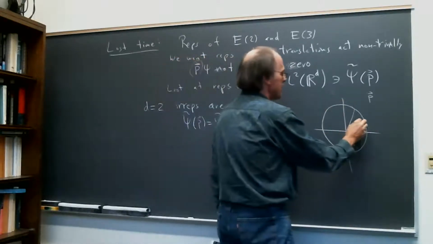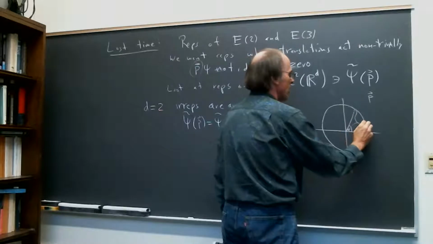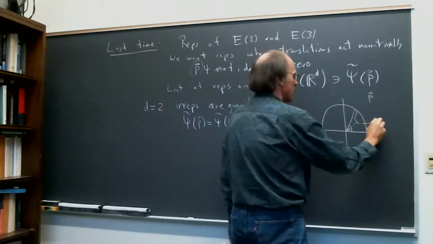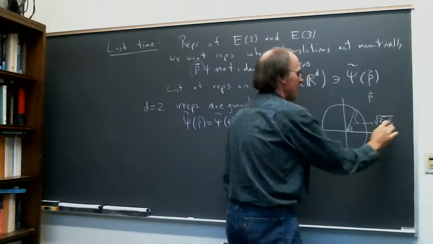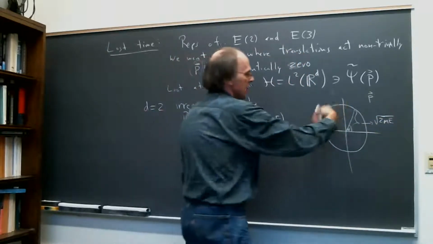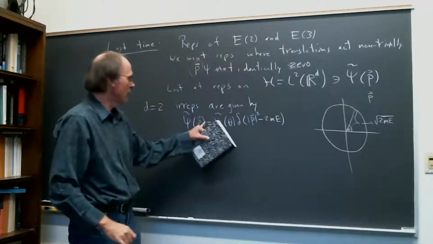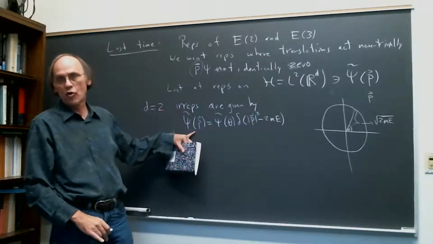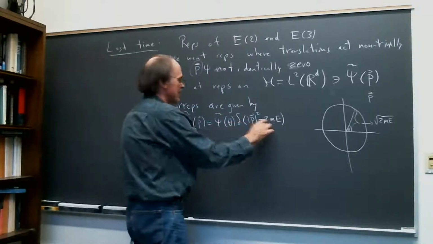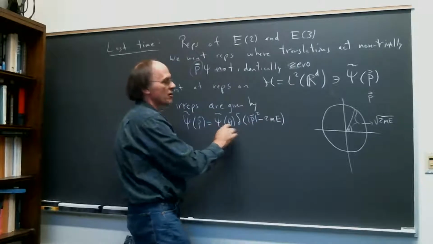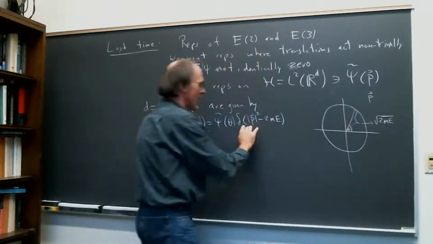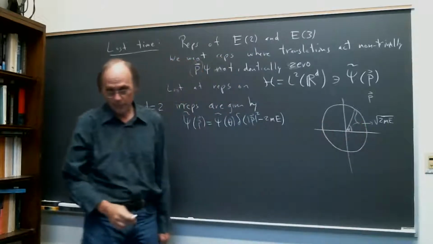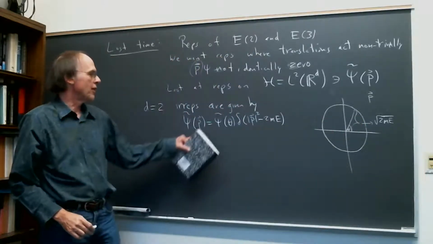The distance here is what I was calling the square root of 2mE, the square root of twice the mass times the energy. So if you write down a wave function of this form, it's a distribution which just takes values on here, some function depending on theta, and it's just localized on the circle.